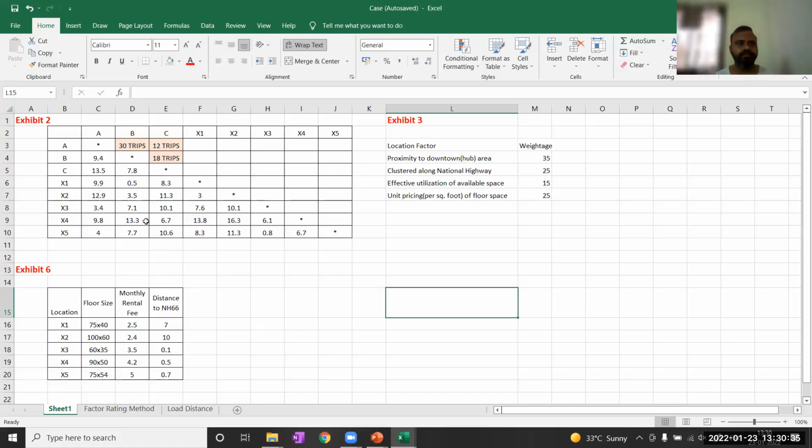Okay, so how will you decide the load and the distance? So what is the load here?